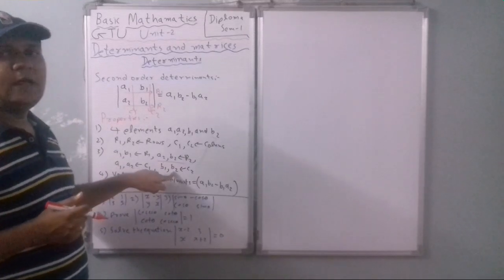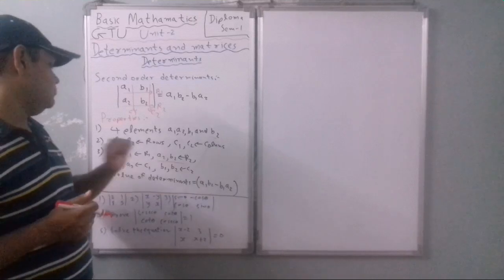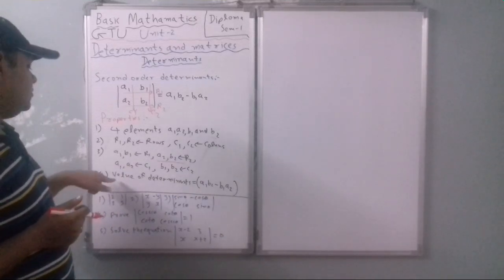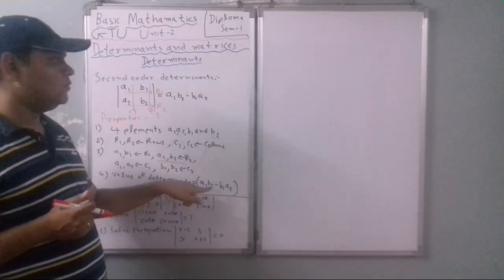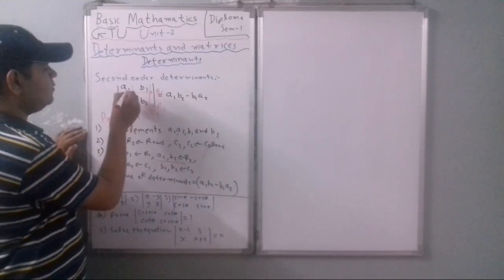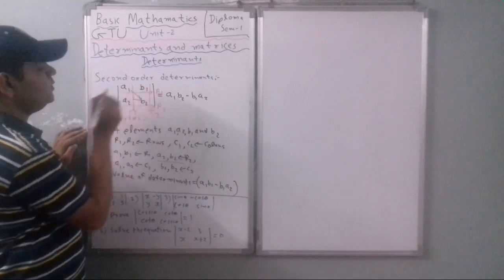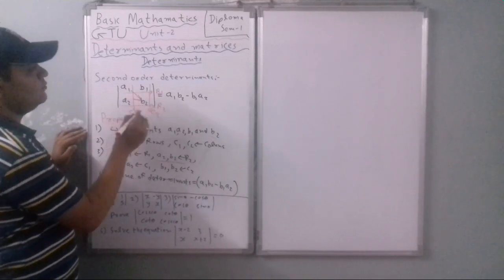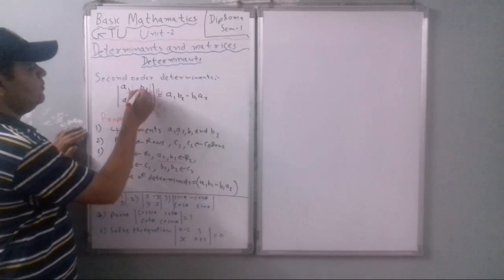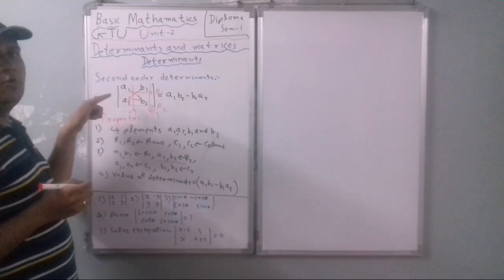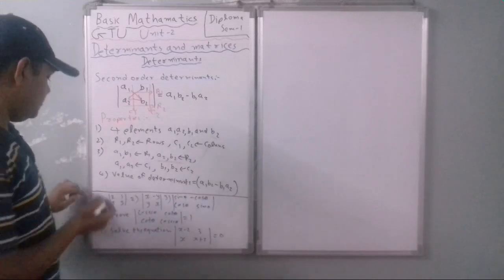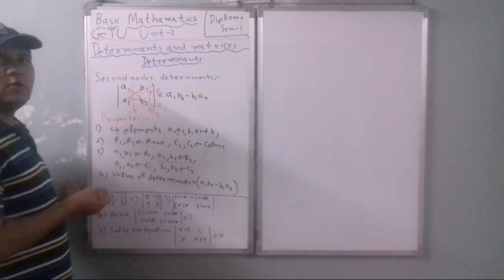B1, B2 are elements of column 2. And fourth, the value of the determinant is equal to A1 B2 minus B1 A2, that is, A1 into B2 minus B1 into A2. Okay, so let's start examples on second order determinants.